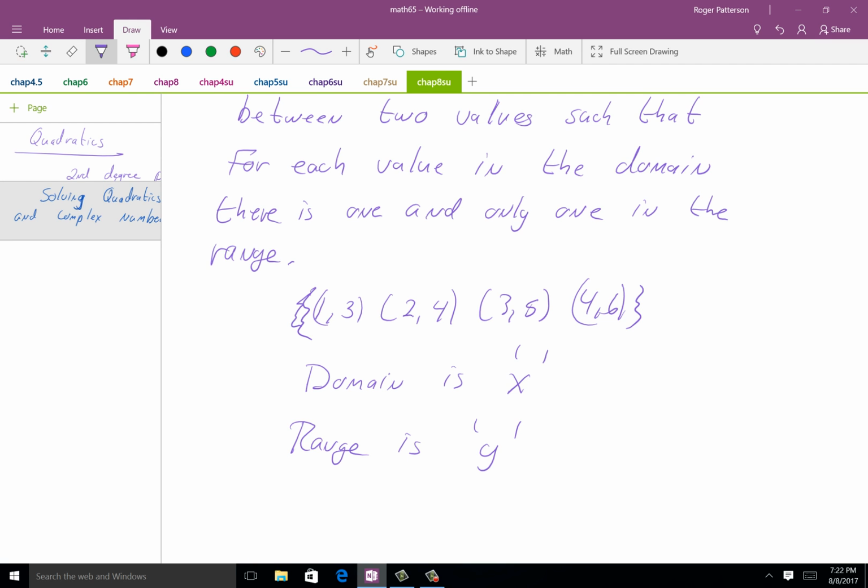My domain in this case are all of these x values: 1, 2, 3, 4. And the range in this case are the y values: 3, 4, 5, 6. Notice that 1 goes to 3, 2 goes to 4, 3 goes to 5, 4 goes to 6. For each number up here in the domain, there's just one number in the range.